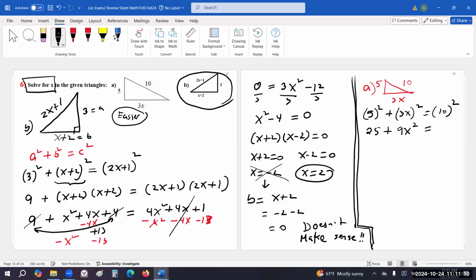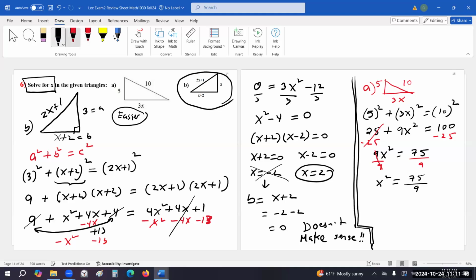A common mistake people make is writing 3x squared, which is wrong. If you want to get your x alone, what do you have to do next? We don't want the number, so we subtract 25. We get 9x squared is 75. So x squared is 75 over 9.